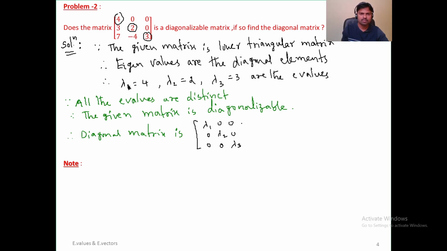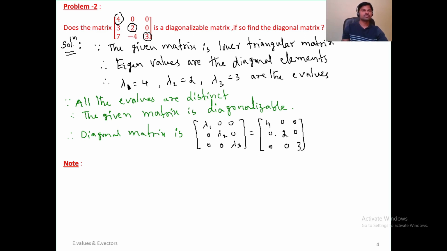So this is the diagonal matrix. Simply eigenvalues will sit on the principal diagonal. So 4 0 0, 0 2 0, and 0 0 3. So this is the diagonal matrix.